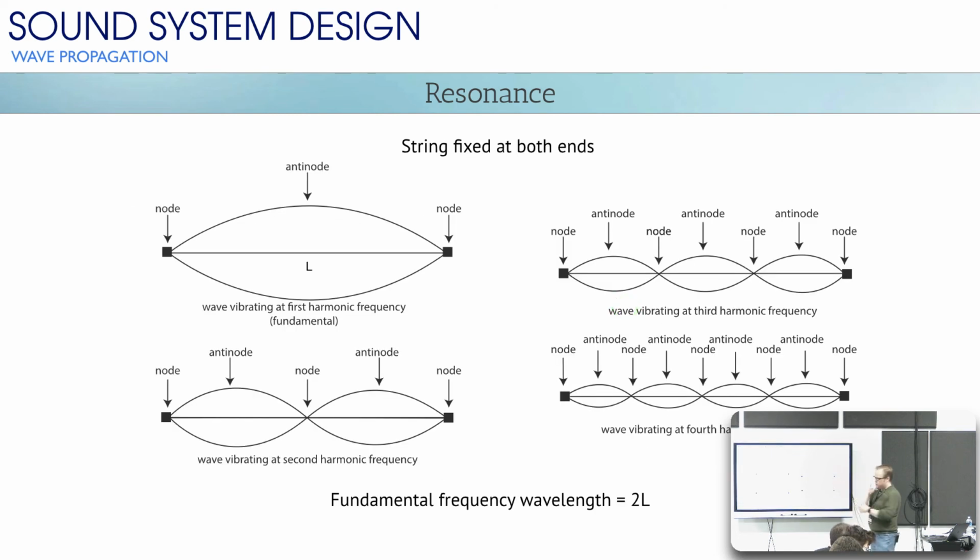So it turns out, though, that more than one frequency could resonate in the same length of string. When we say what frequency will resonate, I was really talking about what we call the fundamental resonant frequency, or the lowest frequency that would resonate in that string. And there's a whole bunch of other frequencies that would also resonate.